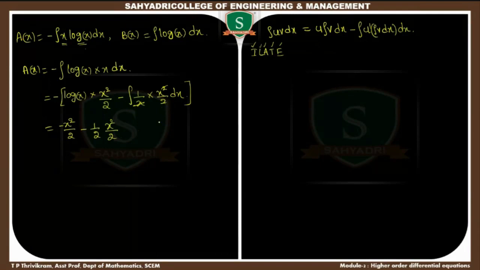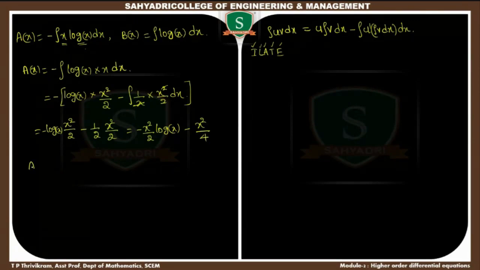So therefore, log x into x square by 2 minus x square by 4. So this will be minus x square by 2 log x minus x square divided by 4.